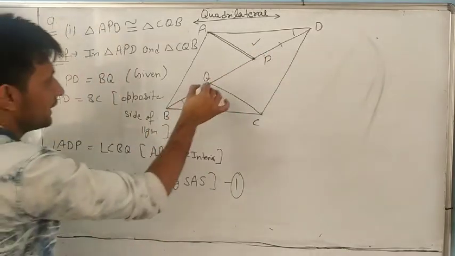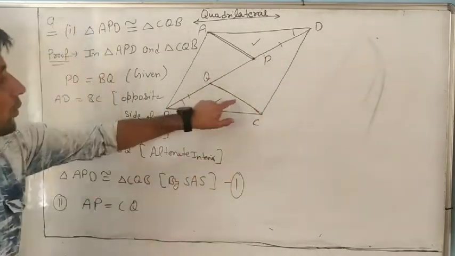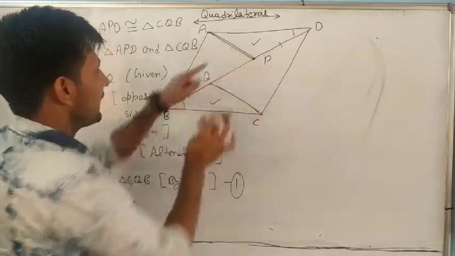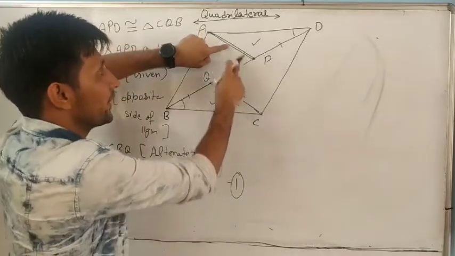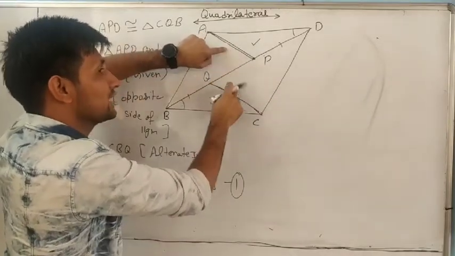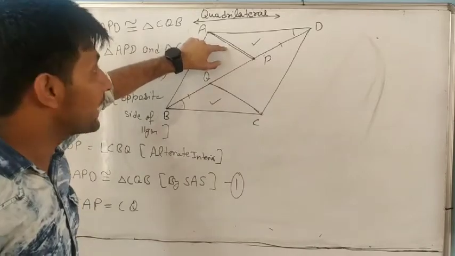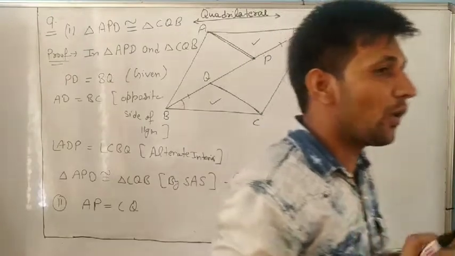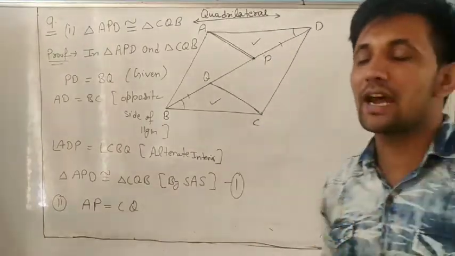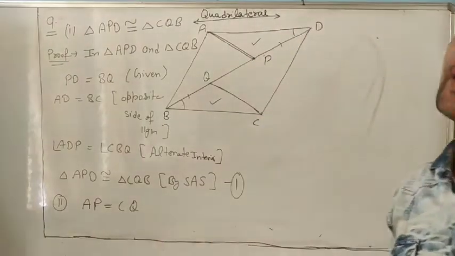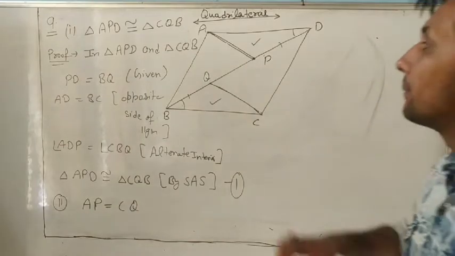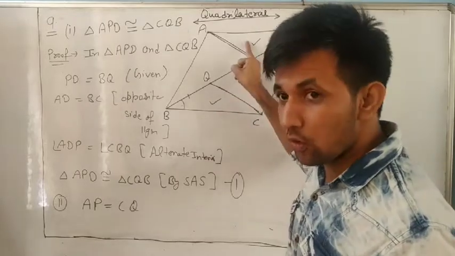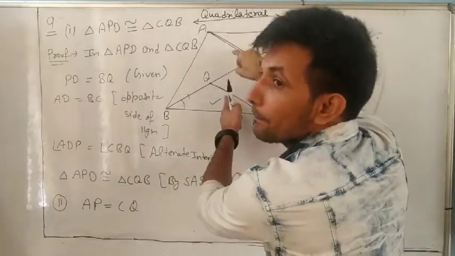If you want to prove that these two sides are equal, and we observe that they are in different triangles, how will we prove it? First we prove that the triangles in which these two sides are present are congruent.